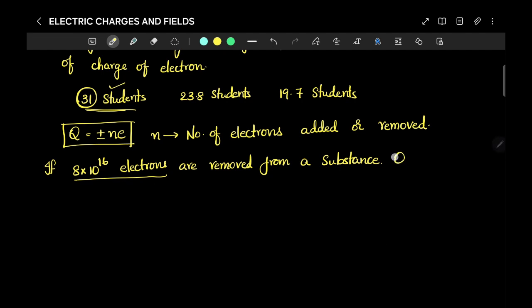Then what is the charge on that body? Just a small point. Q is equal to, what are the given quantities? n is equal to 8 into 10 power 16, and you removed the electrons. What is the charge of electron? 1.6 into 10 power minus 19 coulomb.